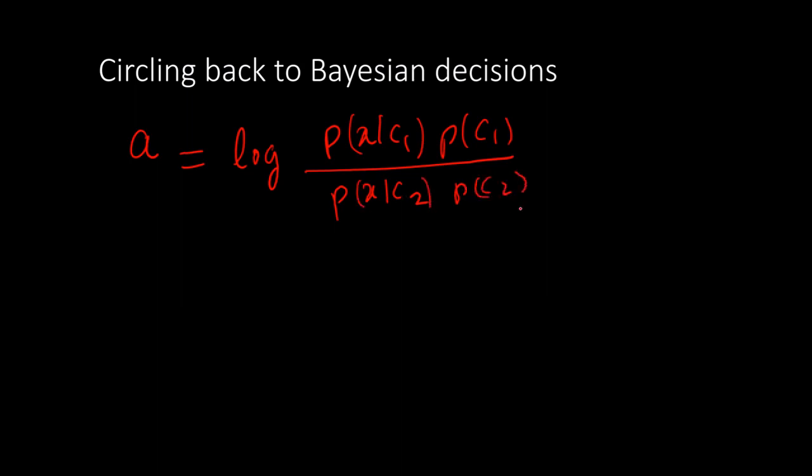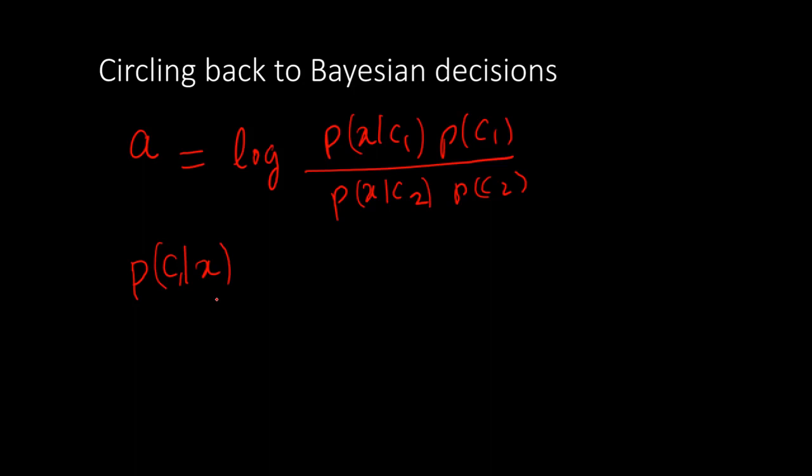What we want to estimate is p of c1 given x, and that is based on the Bayesian decision criteria.